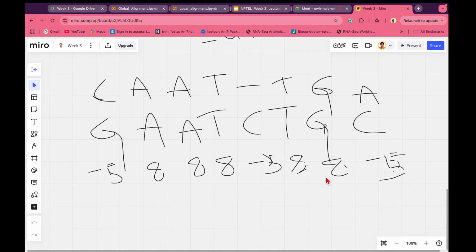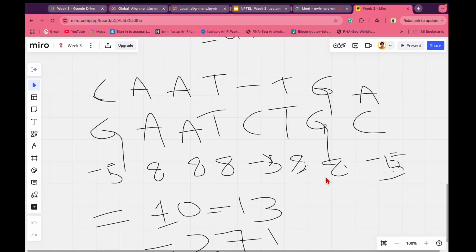So totally we have 40 minus 13. So this is the optimal alignment score for these two given sequences.